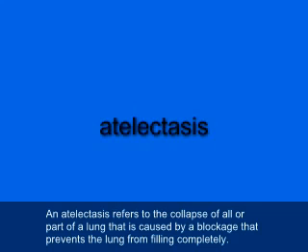The next term is an unusual one. It's got a word part in it that we haven't seen before, and that is atelectasis. Atelectasis refers to the collapse of all or part of a lung that's caused by a blockage that prevents the lung from filling completely.